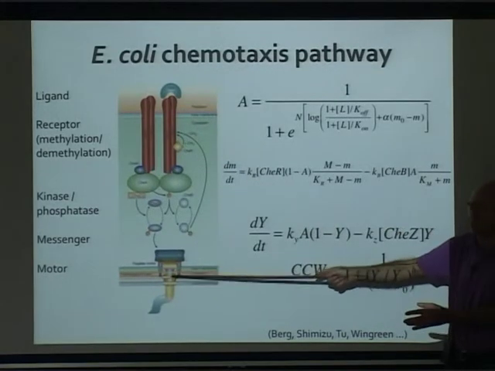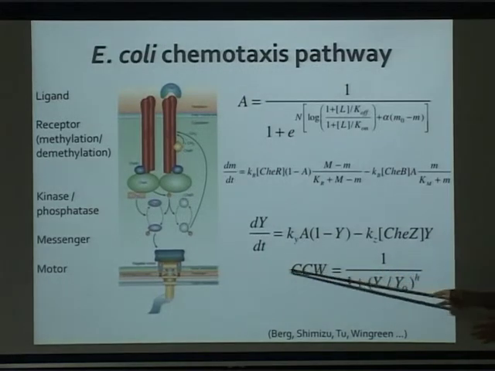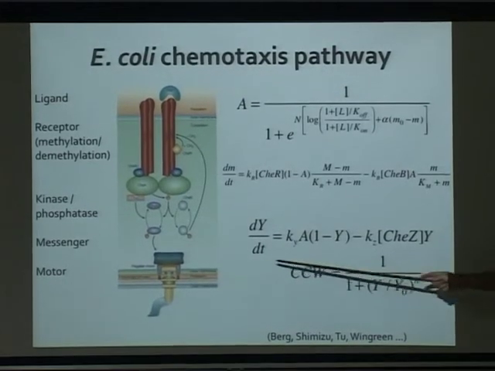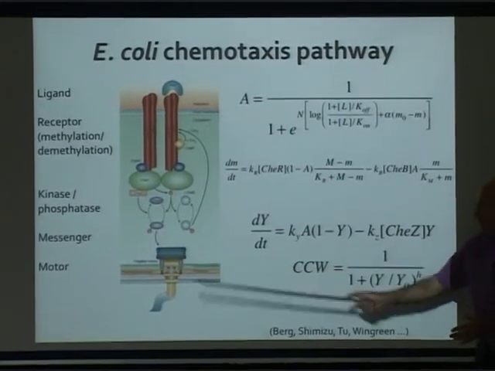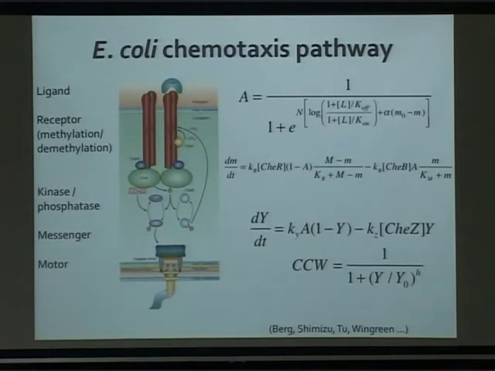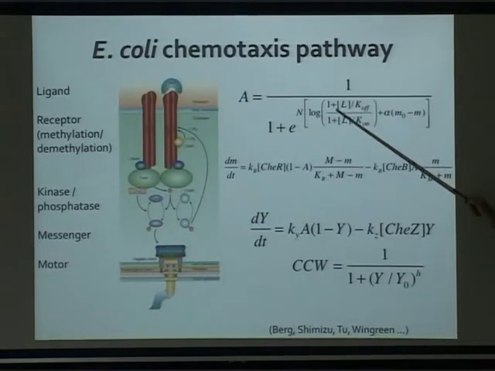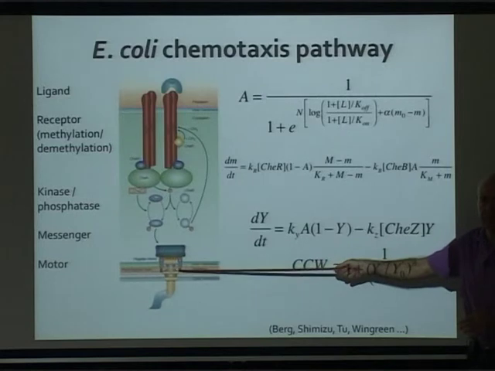The same thing happens at the motor: very fast reactions of binding and unbinding at the motor, and chemical response. So basically, the frequency of counterclockwise rotation is a function of the fraction of active messenger proteins present in the cytoplasm. We will discuss a little bit where this formula comes from, because it's very important. It's an example of an allosteric cluster, and we will discuss cooperativity at the level of the motor.